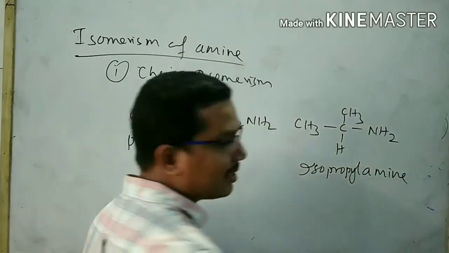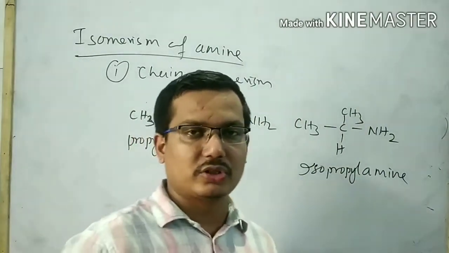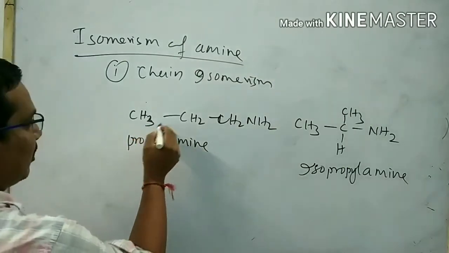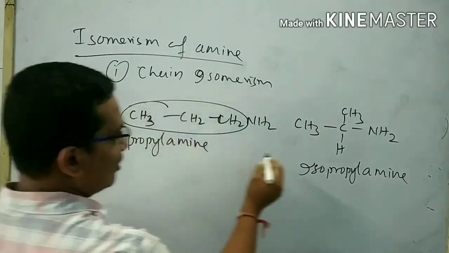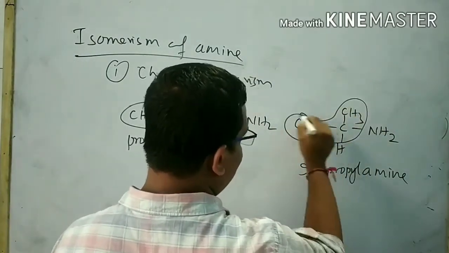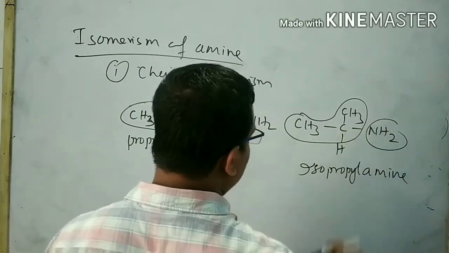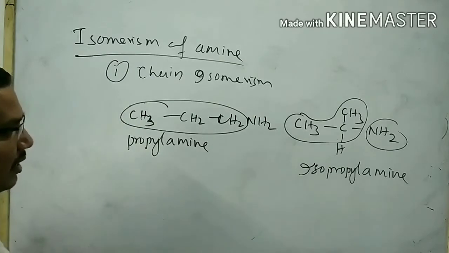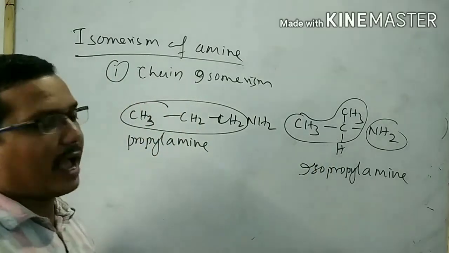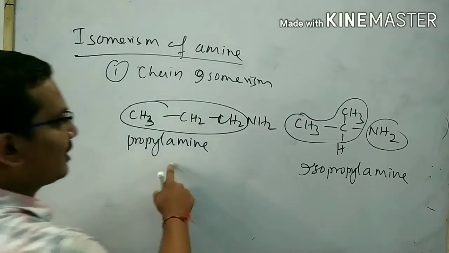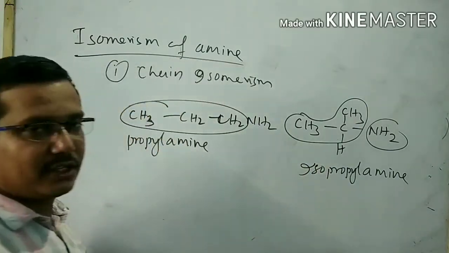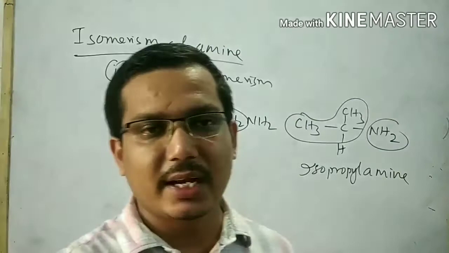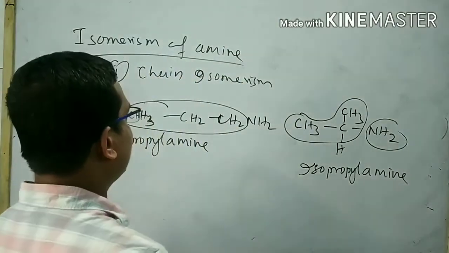Chain isomerism means they differ in the structure of the carbon chain. Here the long chain is this, but here the long chain is this, and NH2 is attached at the 2 position. They have the same formula, but differ in the structure of the carbon chain, so they are chain isomers of each other.